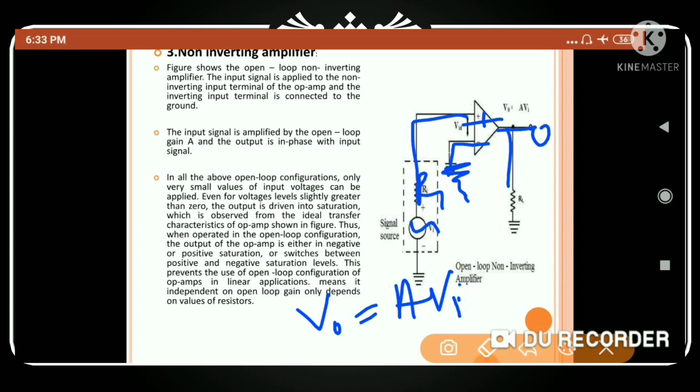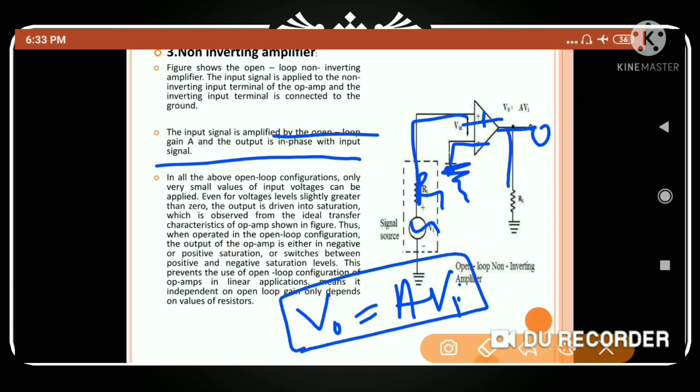Read all these explanations. The input signal is amplified by the open loop gain A and the output is in phase with the input signal. That's why you get V0 is equal to A into Vi. This is the non-inverting amplifier. You must read all of these. I will not explain this because you have to study well.